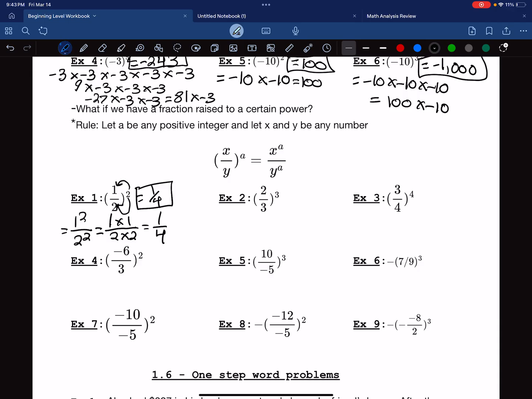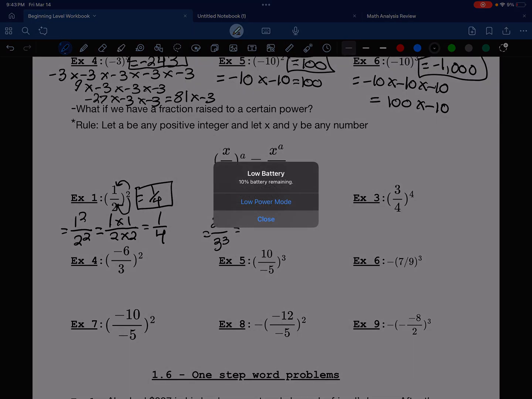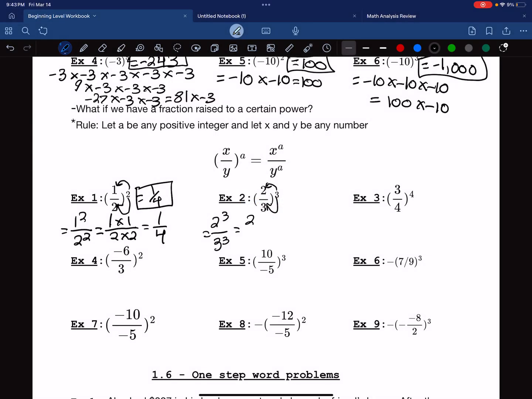Looking at example 2, we have 2/3 cubed. So we are going to bring this exponent to both the numbers here. And we're going to get 2 cubed divided by 3 cubed. 2 cubed is going to be 2 times 2 times 2.